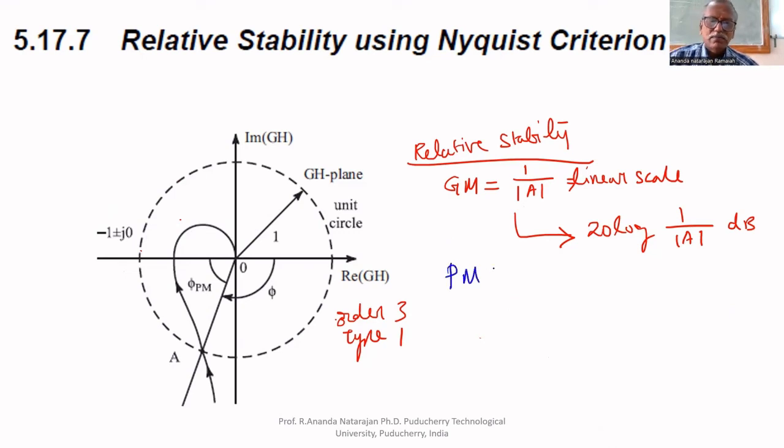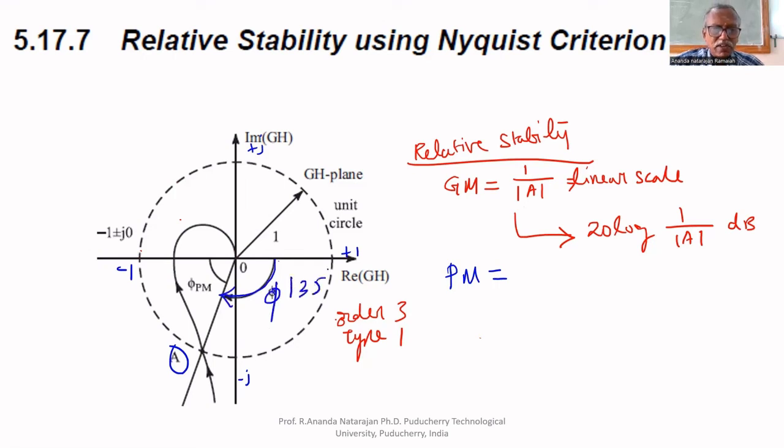Draw a unit circle. This is the unit circle. -1, +1, plus J, minus J. The Nyquist plot cuts the unit circle at A. The angle at that point is phi.